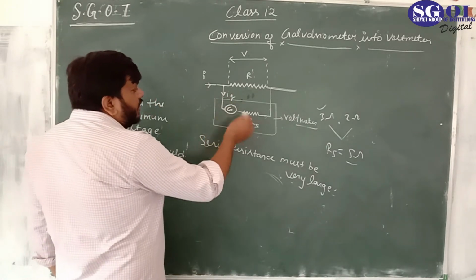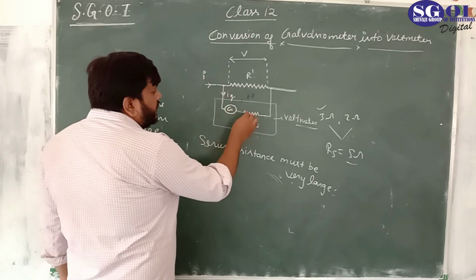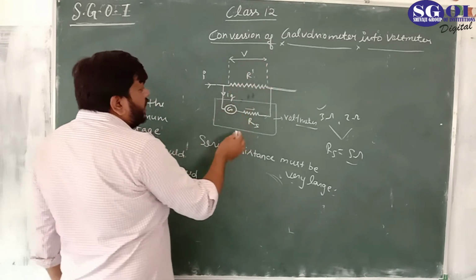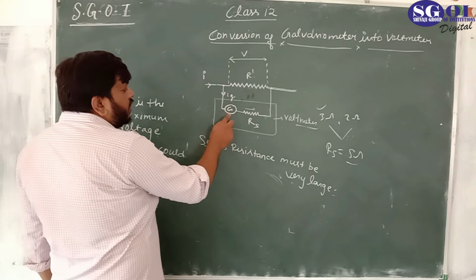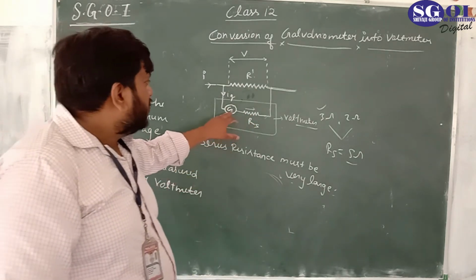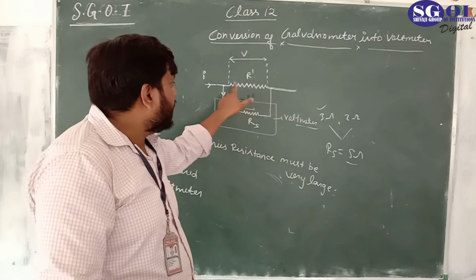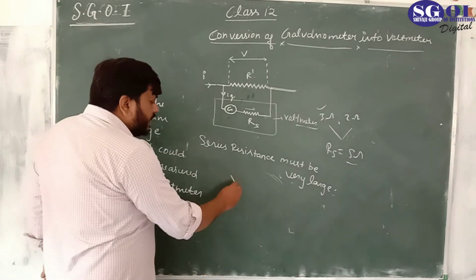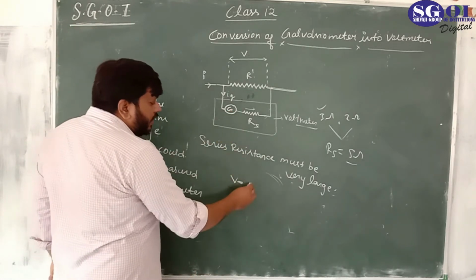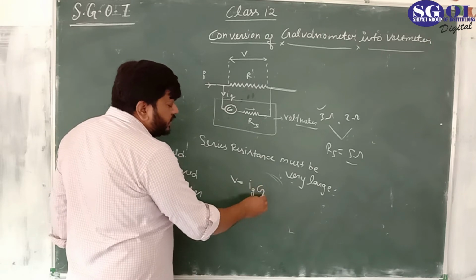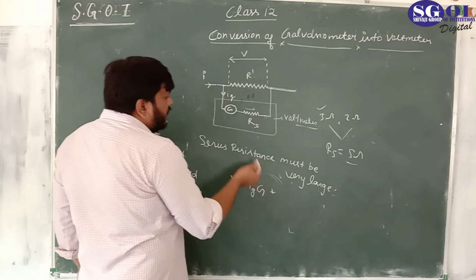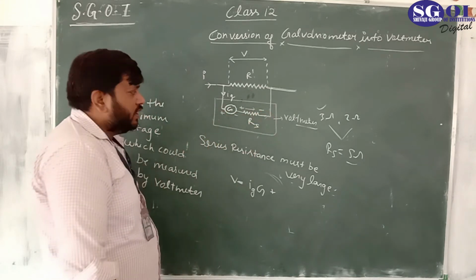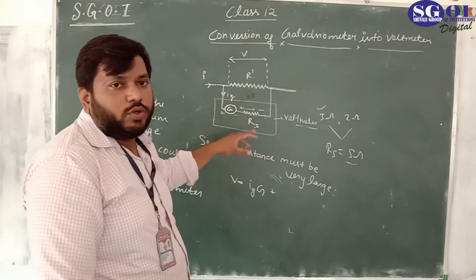So let's define the range of the voltmeter. Ig is flowing in this, and the voltage across this point and this point is V. We know that these voltages are equal, because this whole combination, the voltmeter, is connected in parallel, so the voltage across the voltmeter is equal to V. So we can say V equals current Ig into resistance G, plus, applying KVL, the polarity is this is minus, this is plus, it means these two would be in addition.